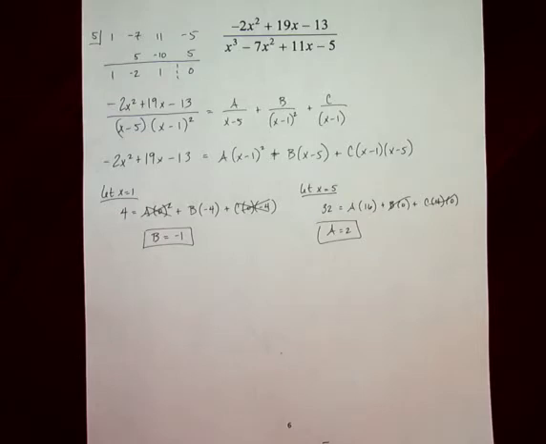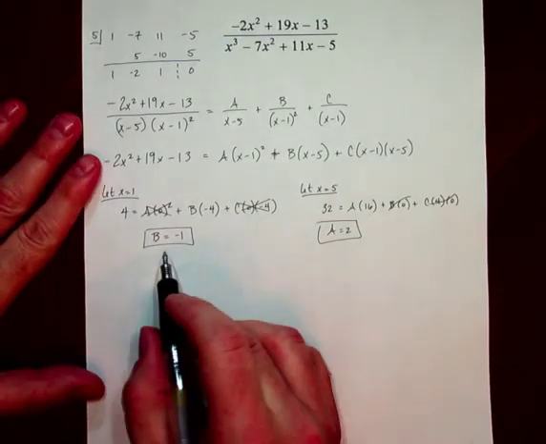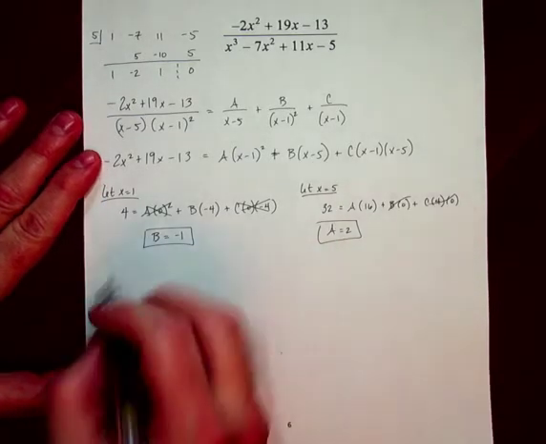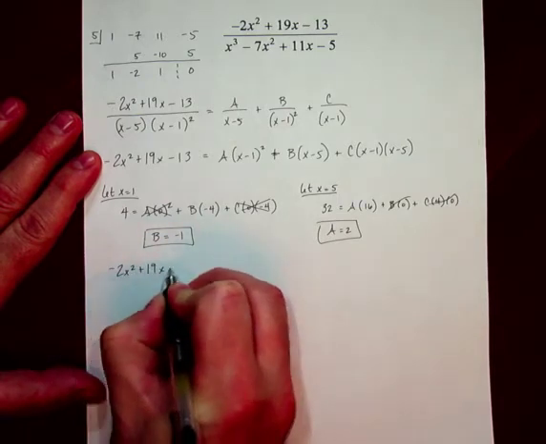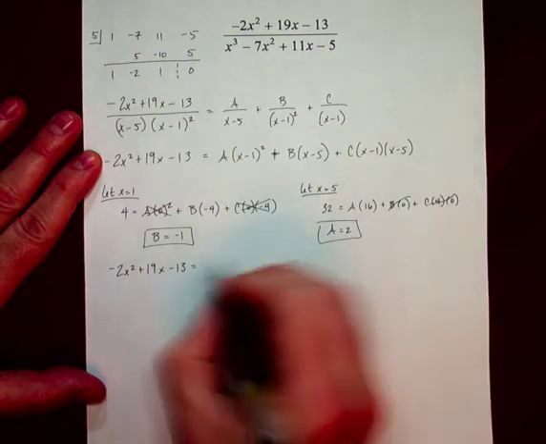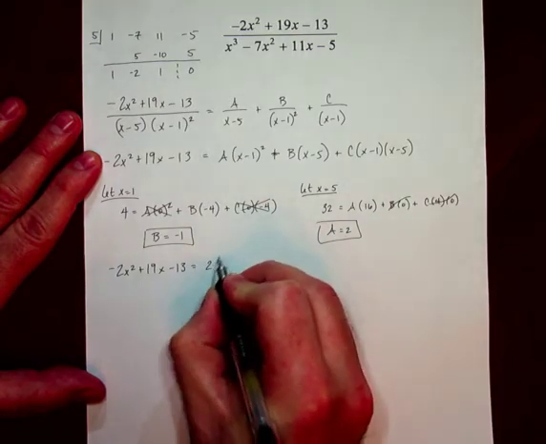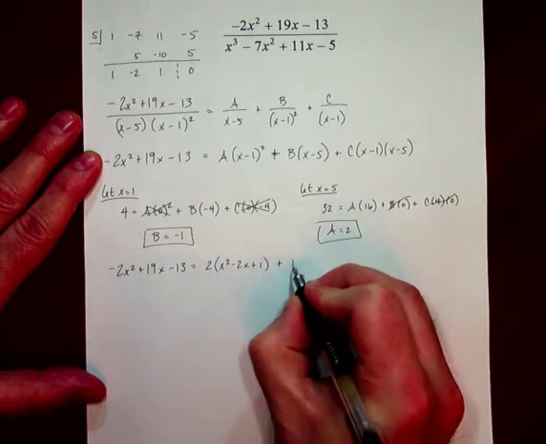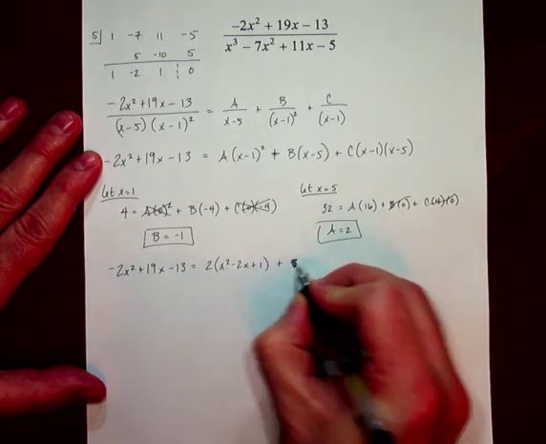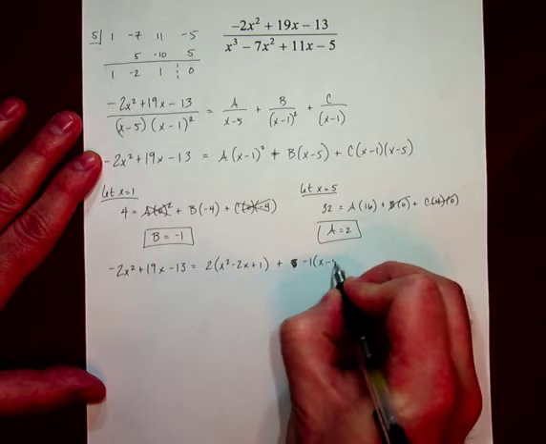Okay, well, let's go ahead and plug in the a and the b values. So we have -x squared plus 19x minus 13. A is 2. And let's go ahead and multiply this out. This is x squared minus 2x plus 1. And this right here is not b, it's -1 times x minus 5.